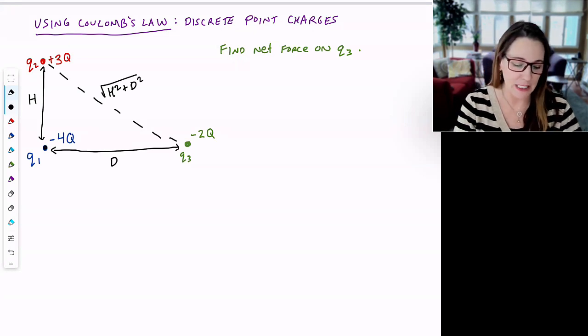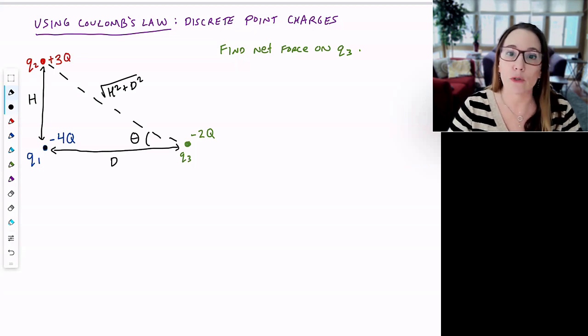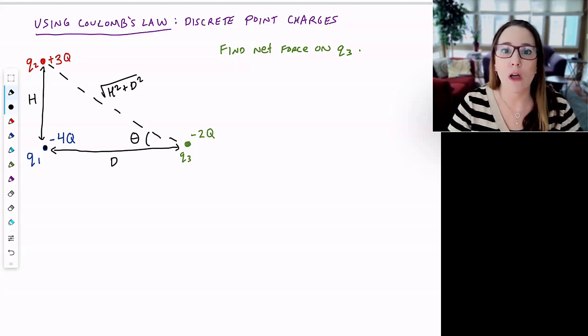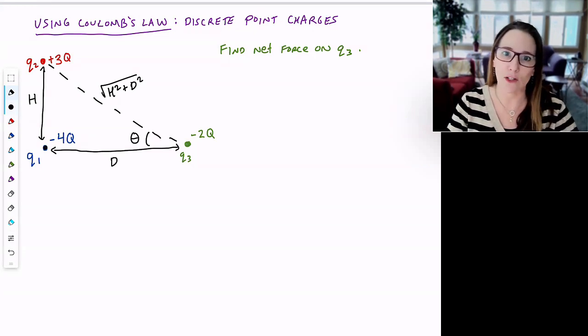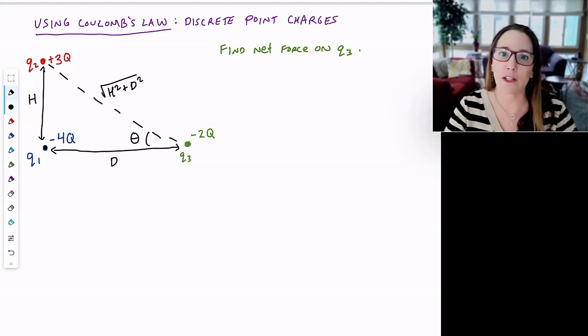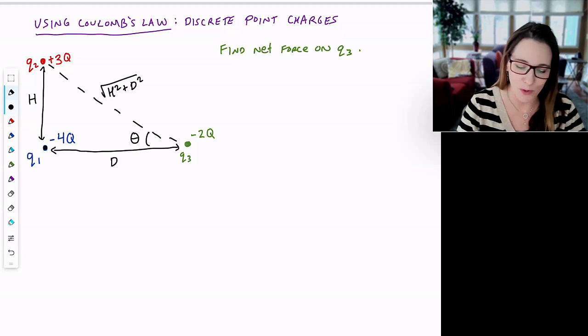The other thing that's missing, and is sometimes useful, is that we want to pick an angle to define. It doesn't matter which angle you define in your triangle, but you will want to do that because fundamentally we're adding force vectors, and if we're adding vectors, we're going to need components. So we're going to need an angle to talk about. That's step one, our sketch.